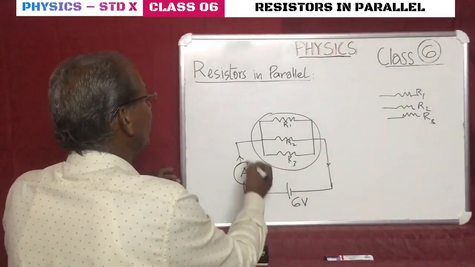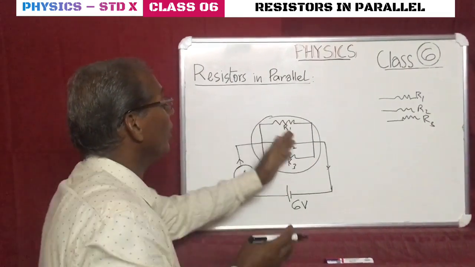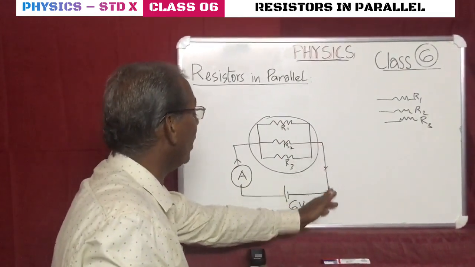So current reaching here in this connection is split into 3 and join here and come back.